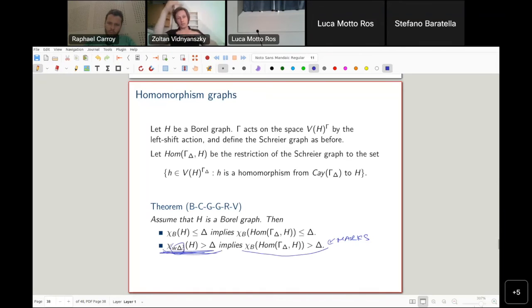So there is this reflection of the properties, and this homomorphism graph is nice because it's still well defined: it is a delta-regular graph, and I could have started with any very complicated graph as a target. Okay, fine. Why is this any good?